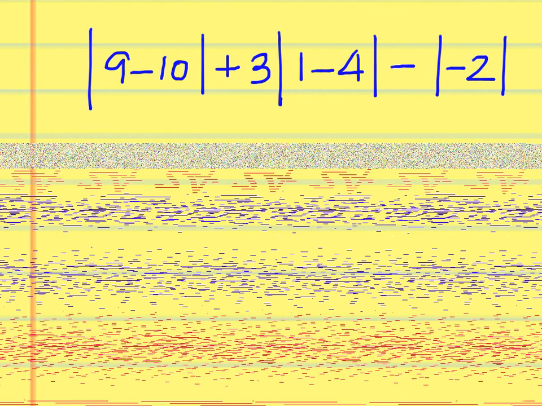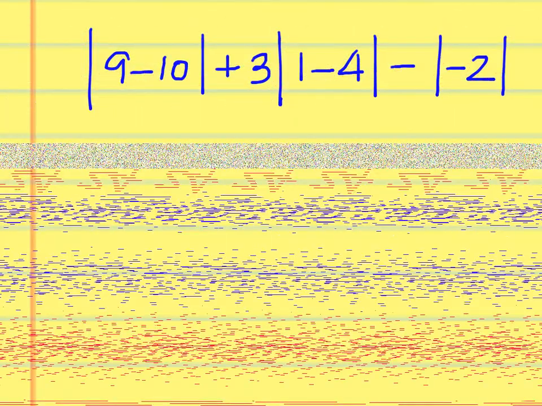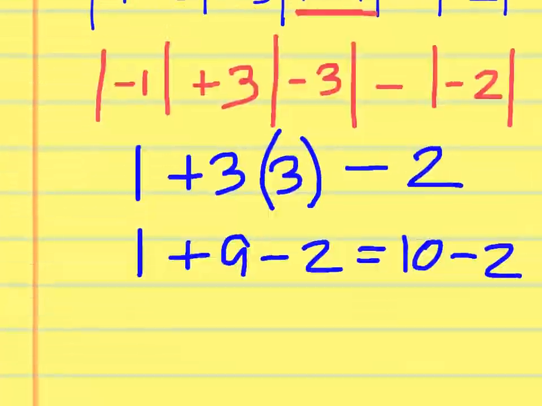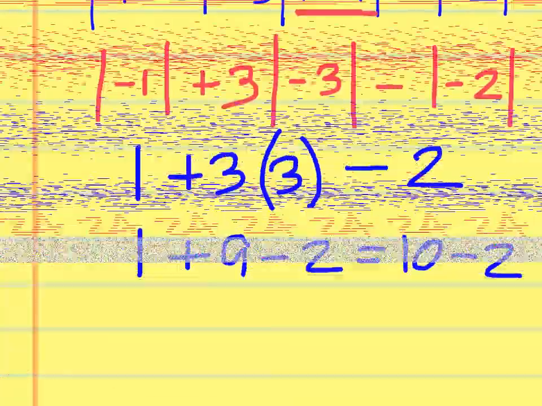So the absolute value of -1 is just 1. Absolute value of -3 is 3. And the absolute value of -2 is 2. From there, it's a very simple problem. 1 plus 9 minus 2 is 10 minus 2, which comes out to be 8.